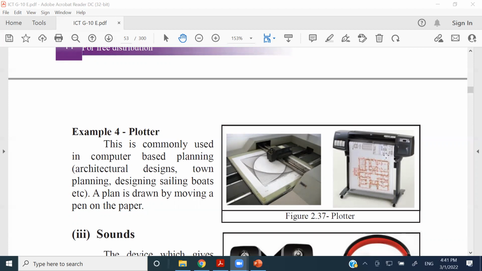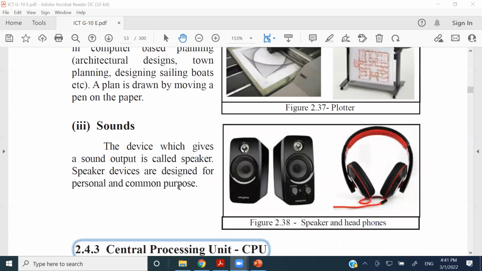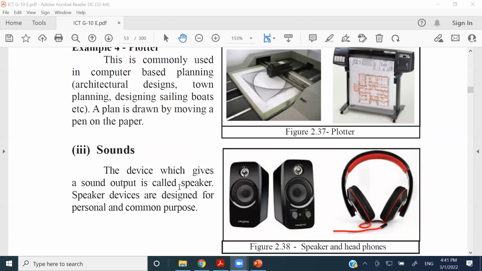So it's big in size. So the plotter is there to print that kind of printouts. And finally, the sounds which come from the speakers, the headsets, the headphones and all these things are taken as another output form, right?